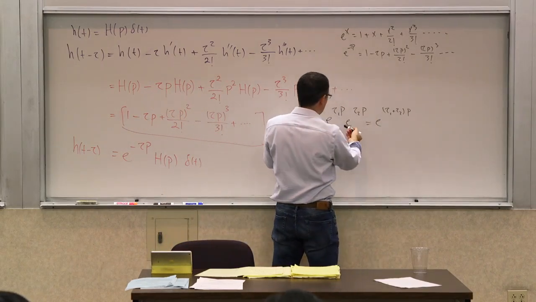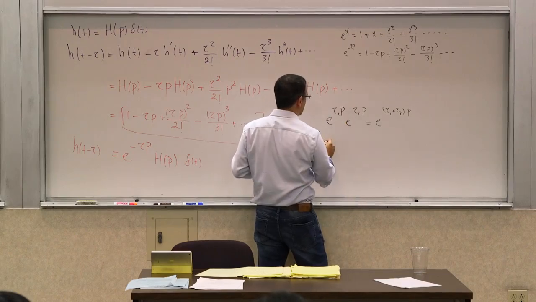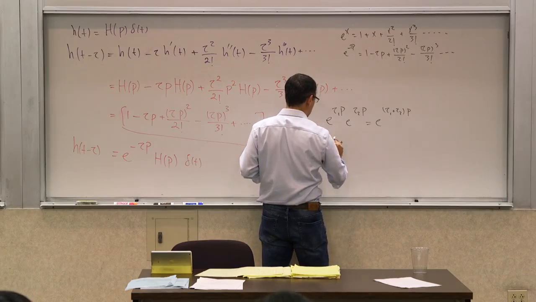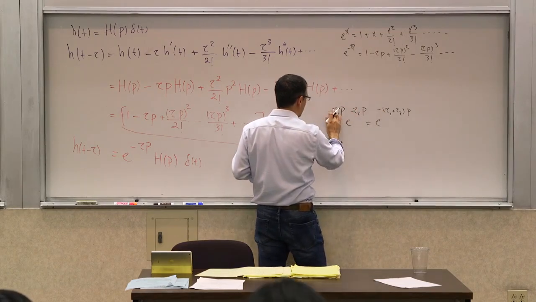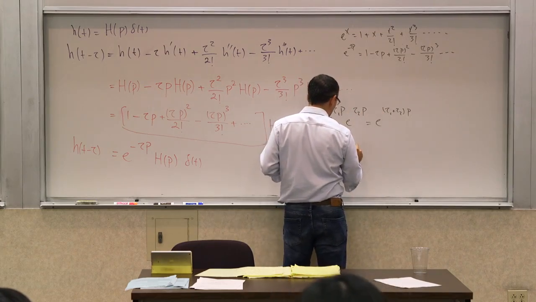And you can actually explicitly prove this. And the proof of this is basically writing these as the series, right? You can say this is tau 1 p plus, this is actually negative, but I'll drop the minus signs for a second. So there's a negative delay. This is an advancement in time.